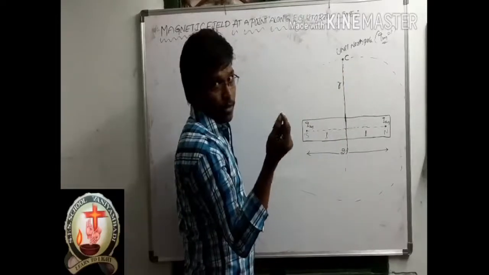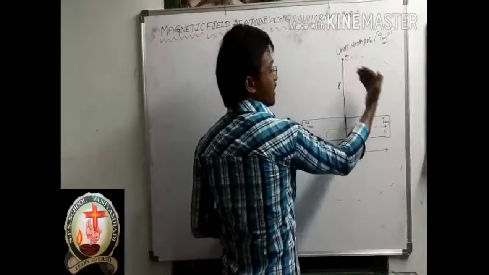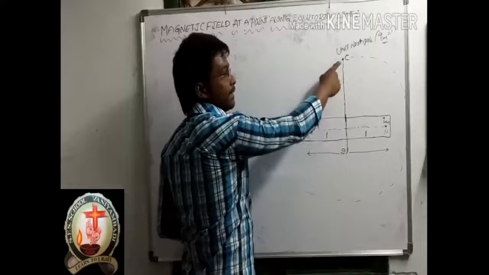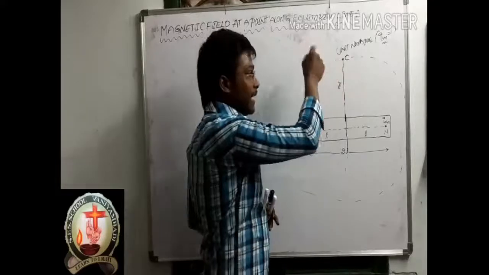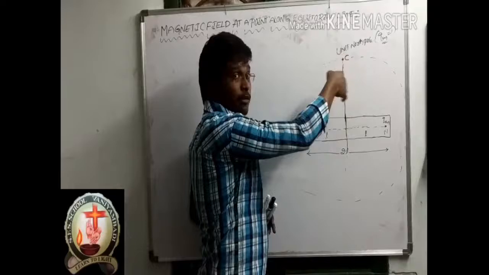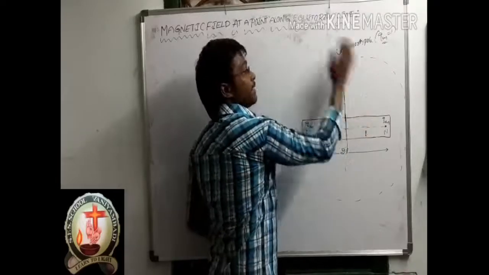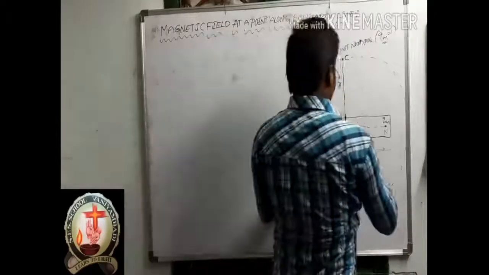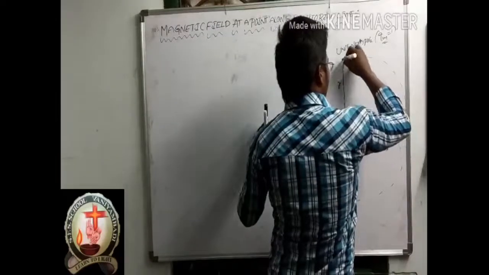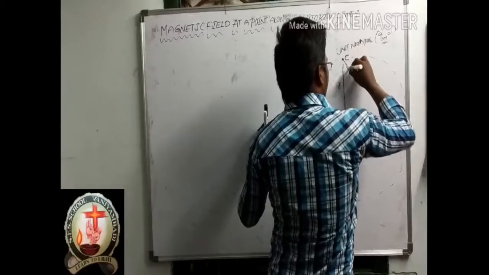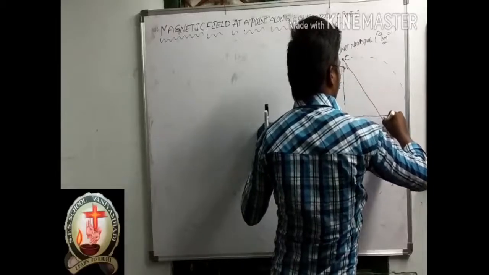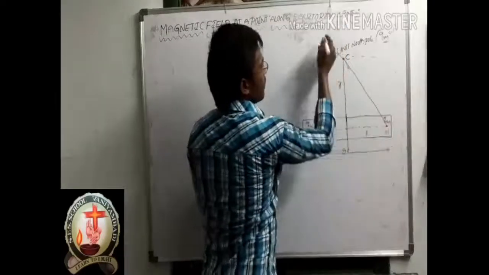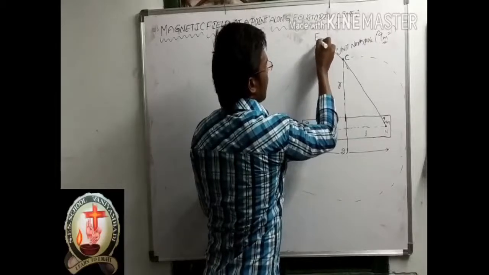Whenever you place this unit north pole in the magnetic field region of this magnet, this magnet will repel this unit north pole. What is this force? F N bar.